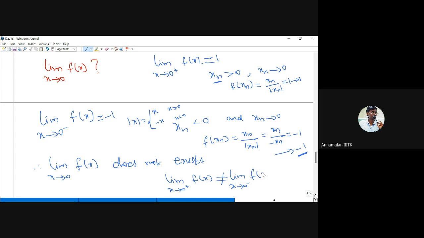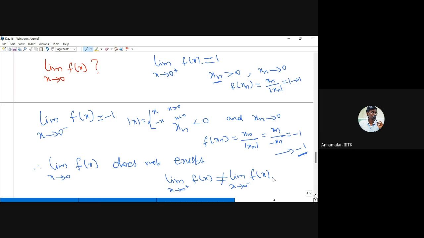If both are equal, then the limit of the given function exists. If both are not equal, then, as you will study in continuity, there are some kinds of discontinuous functions. If both limits exist but are not equal, that is a discontinuity of the first kind, and if neither the right hand limit nor the left hand limit exists, then it is a discontinuity of the second kind.